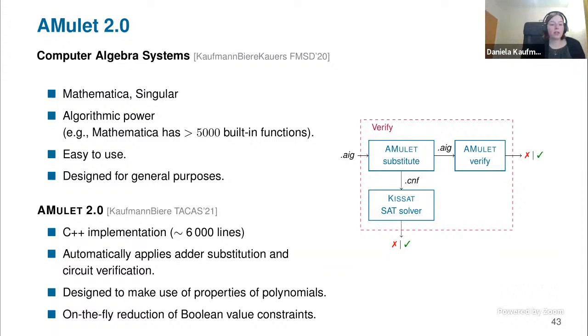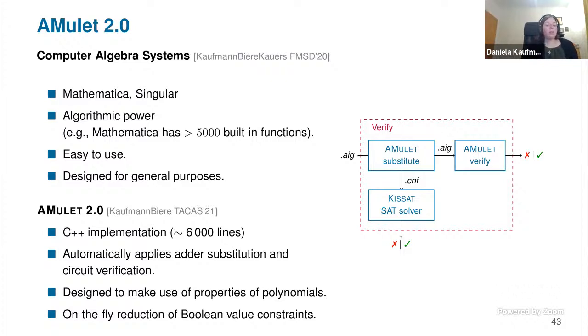and there we are already now at version 2, which is going to appear at TACAS in a couple of months. AMulet 2 is implemented in C++, contains about 6,000 lines of code, and it automatically applies the adder substitution and the circuit verification.